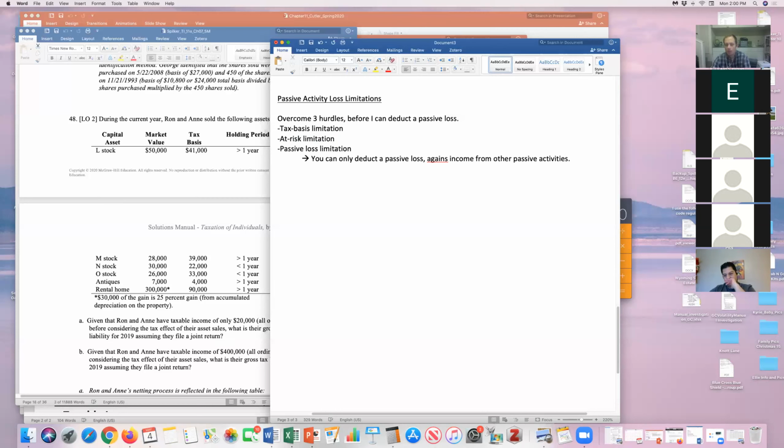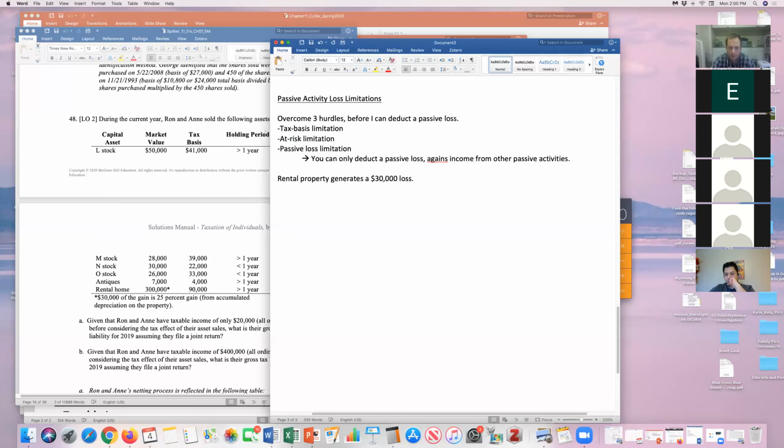Suppose I own a rental property and it generates a $30,000 loss.